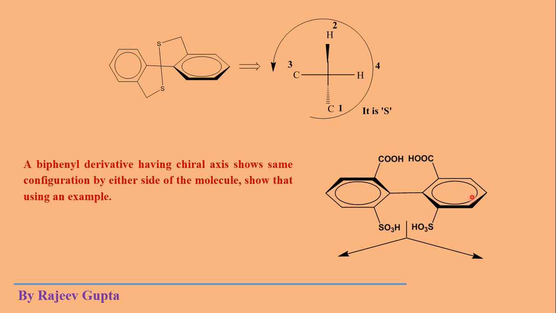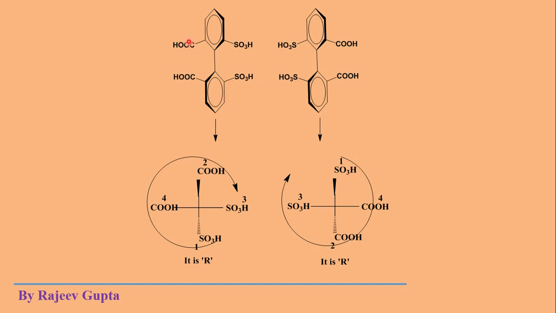And in the other structure where we move this portion downside, we will see that both carboxylic acids will be present at the right-hand side, and both these groups will be at the left-hand side, as shown here.